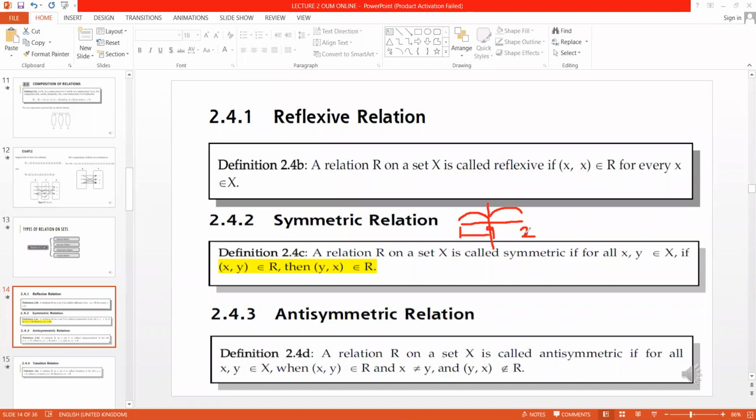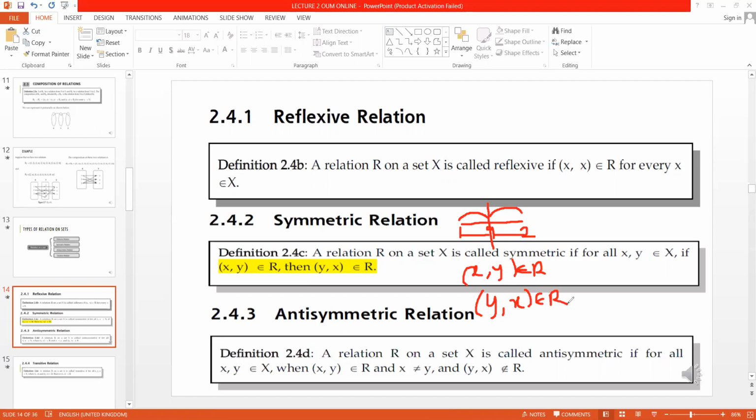So symmetry just means you partition and then you get 2 equal halves. In the context of our study, what we are saying is if you have X to Y in R, a member of R, then you should also have Y to X in R for the set to be symmetric.